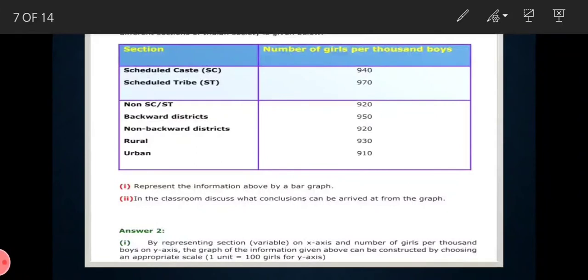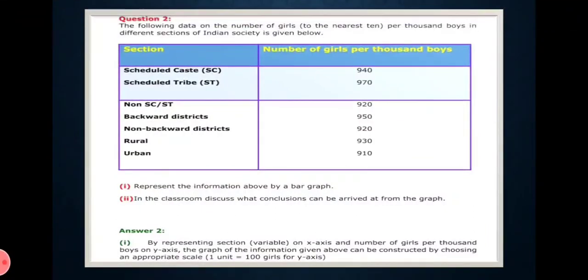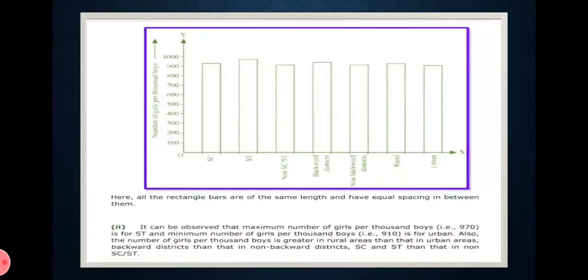So for answer of number 1, by representing section on x-axis and number of girls per 1000 boys on y-axis, the graph of the information given above can be constructed by choosing an appropriate scale, that is 1 unit equal to 100 girls for y-axis. So let's represent the graph on the graph page.